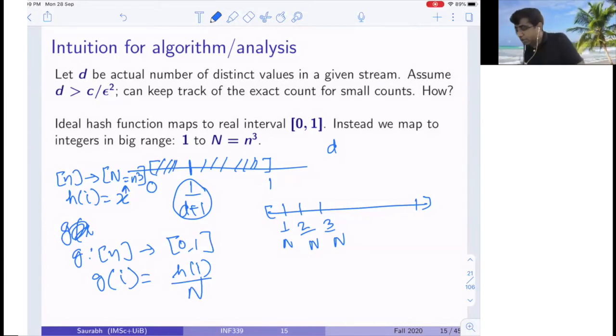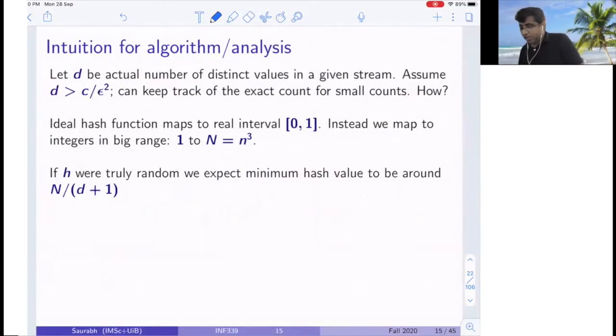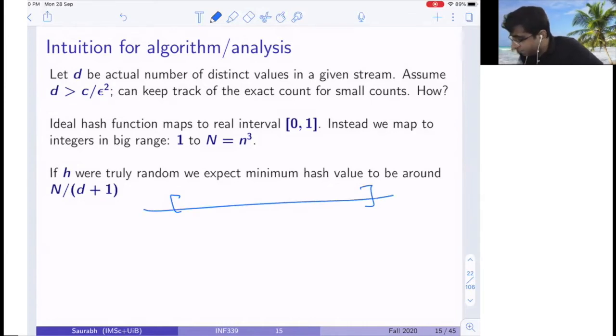So in other words, everything is multiplied by n. Now if H were truly random, what do we expect the minimum hash value to be around? If it is truly random, you have divided this range 1 to n into equal parts.